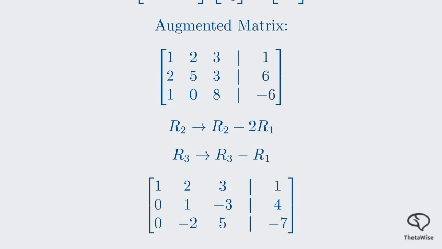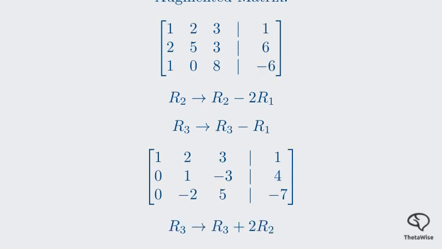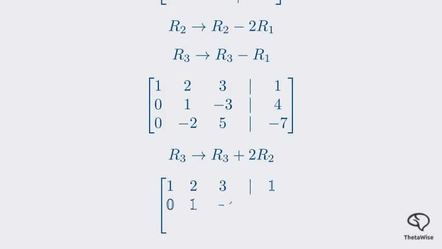Next, we'll make the element below the second pivot, which is 1, equal to 0. We'll replace row 3 with row 3 plus 2 times row 2. This results in the matrix 1, 2, 3, 1, 0, 1, minus 3, 4, 0, 0, minus 1, 1. Now the matrix is in row echelon form.